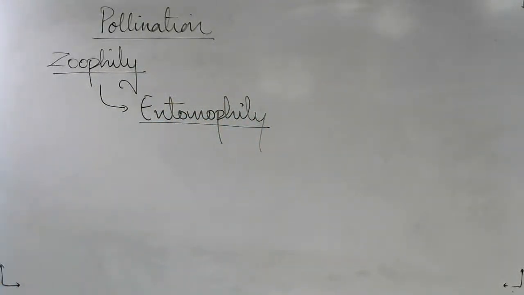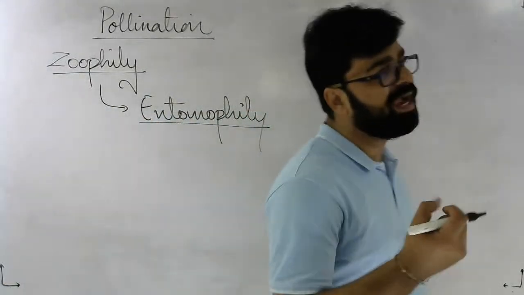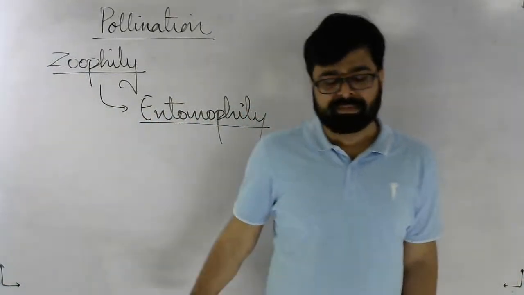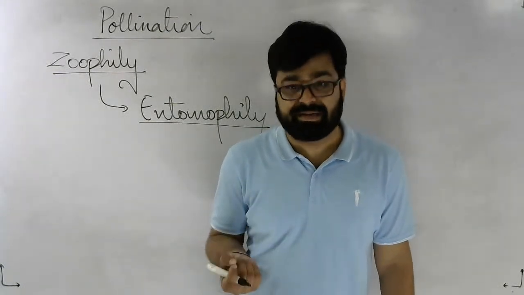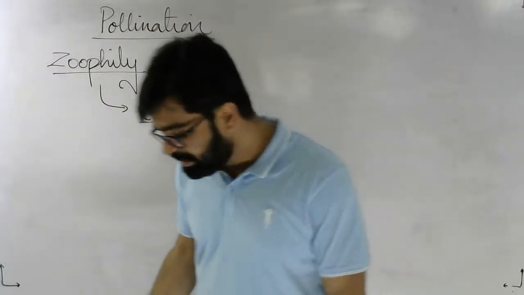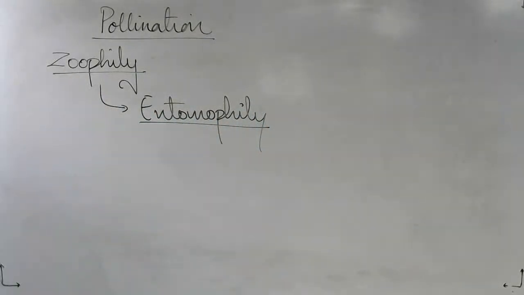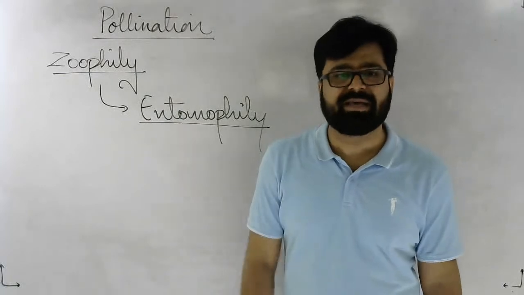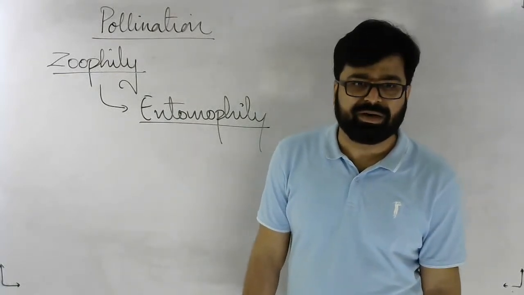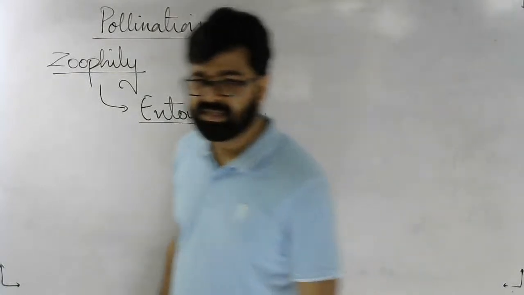Next is they should have pleasant smell, to attract different insects, and they should produce nectar. Now, what is nectar? Nectar is a sugary solution, sugary fluid produced by flowers. Definitely it is used to attract the pollinating agencies, birds, insects, etc.